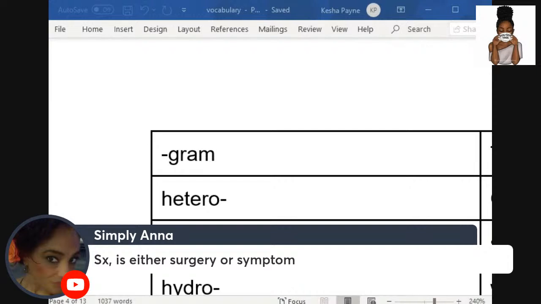SX abbreviation, signs and symptoms. Oh, SX is for signs and symptoms. That's what I'm saying, but I got to make sure.